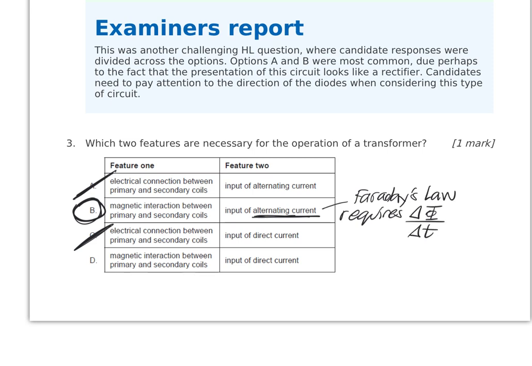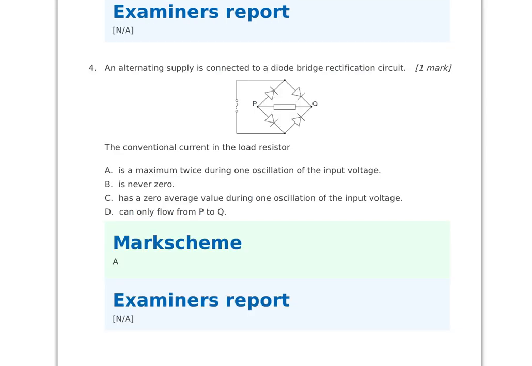So alternating current would create that change in flux. The direct current would, when you turn it on, have an increase in flux because it's an increase in current. But then once that current starts flowing and there's no actual change in current, there's no change in flux, so there's no induced current in the secondary coil. So that is a negative. That's not going to work. 3 is B. Number 4.